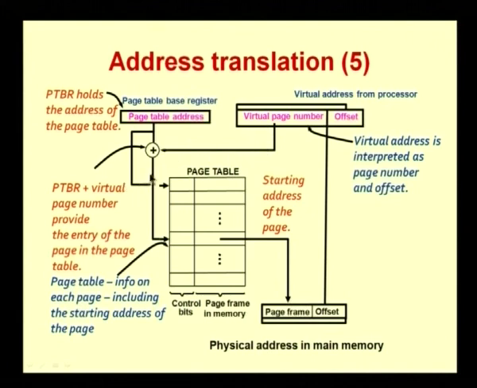When we add these two, this provides the entry of the page in the page table. So the page table address gives me the base of the page table, and to that I add this virtual page number. The result tells me the entry of the particular page in the page table. Corresponding to that entry, I have the starting address of the actual page, the physical address. So that physical page number comes from this entry for me. And to that, if I add this offset which I already have here, that gives me the total physical address that I need to access main memory.